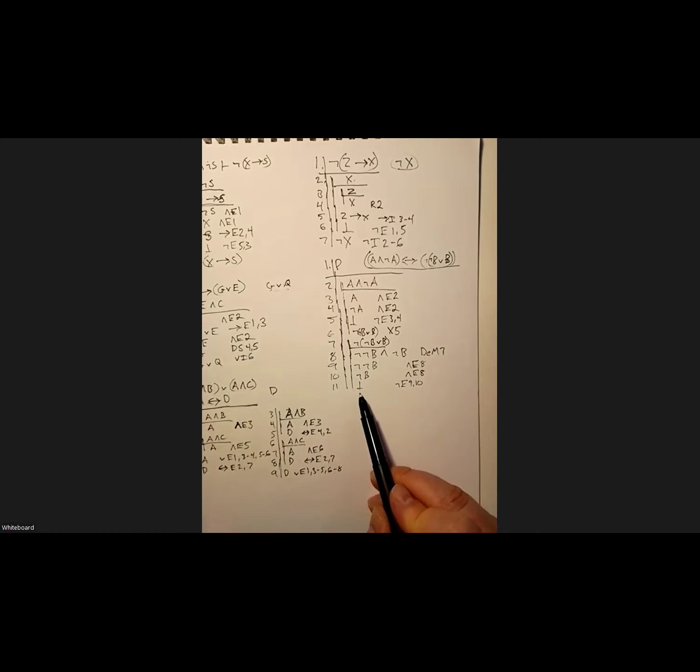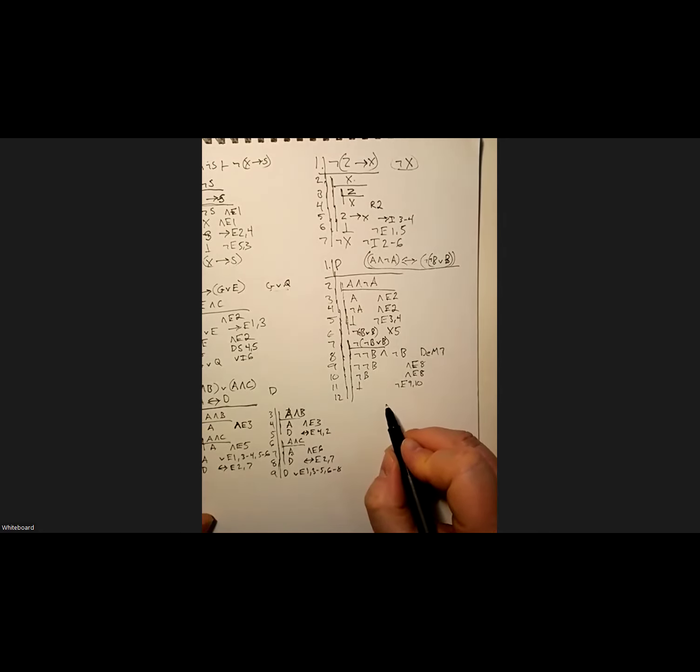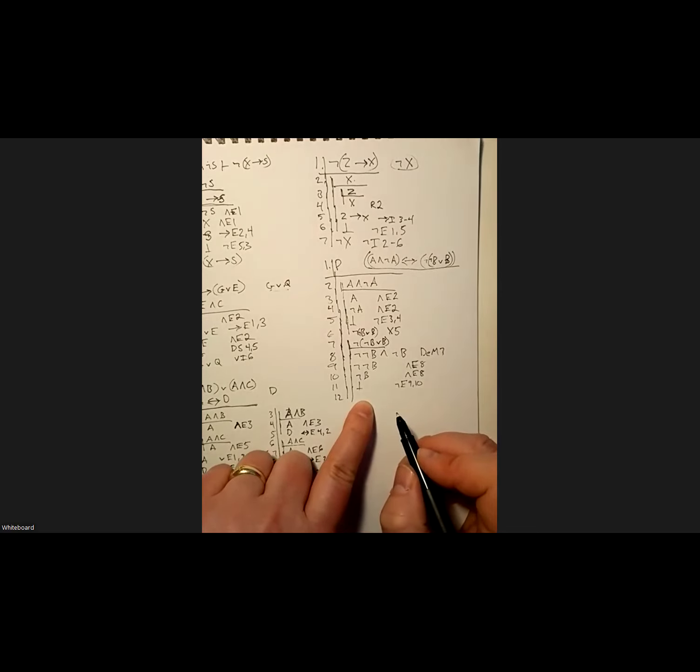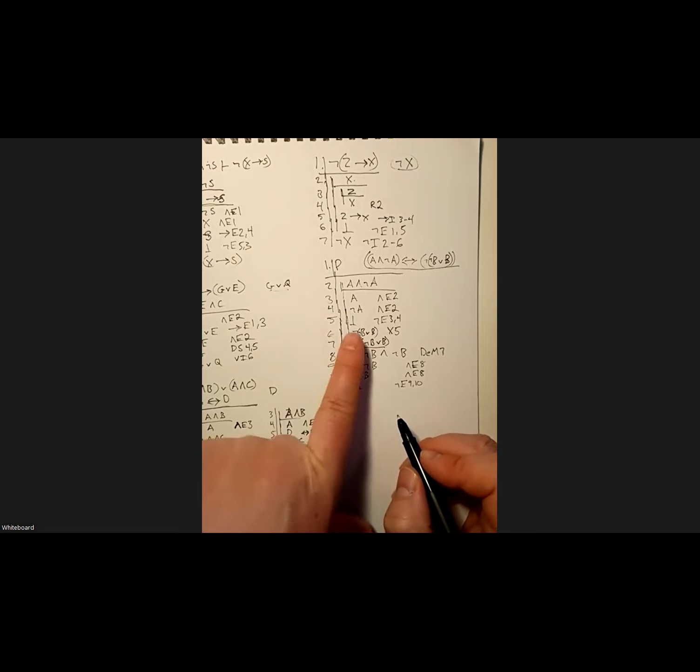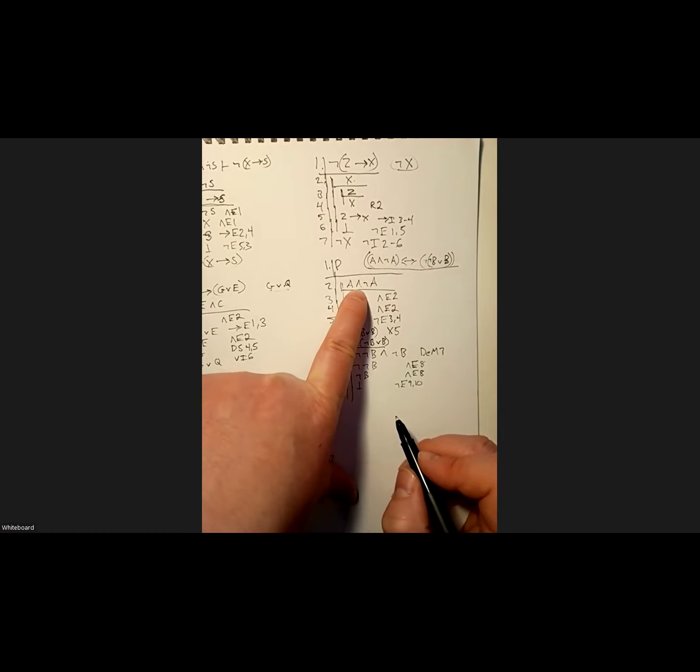And now, having set up the bomb, we blow it up again. And that will give us whatever we want, right? We can use explosion to give us whatever we want. But of course, what sentence do we actually want? Well, we want A conjunction not A.